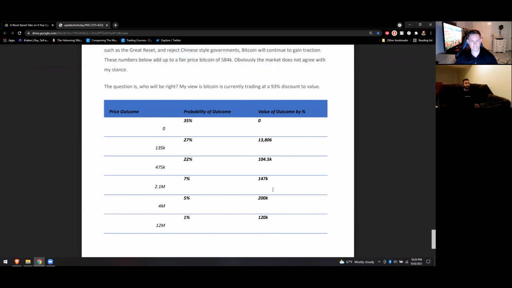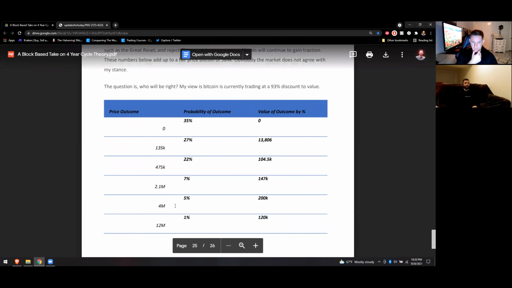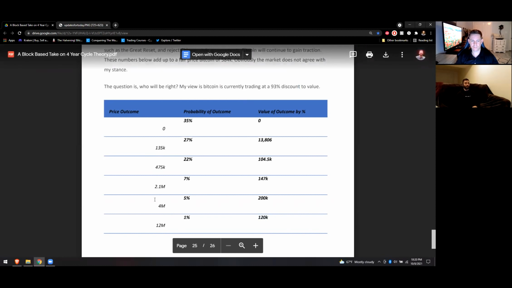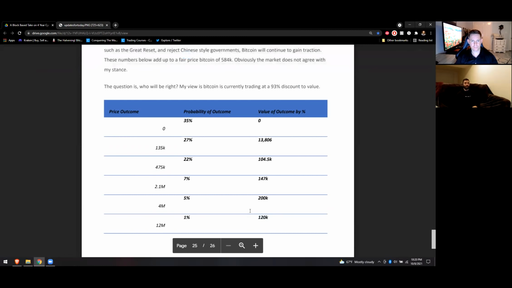But that's very subjective. That's just my personal belief, but anybody can do this: assign probabilities of outcome, assign some numbers over here and calculate what you believe Bitcoin is worth today. And I think most people who own cryptocurrencies would find that the number is way higher than the current market price.